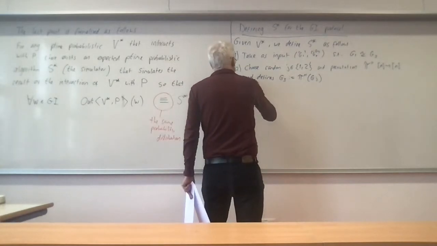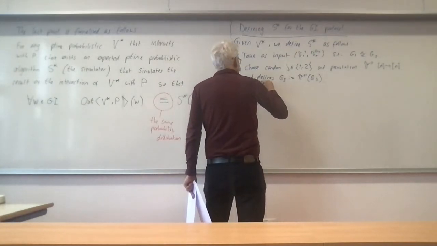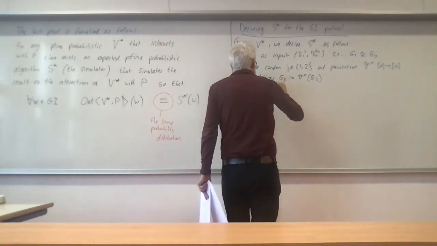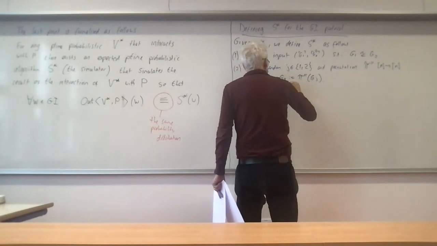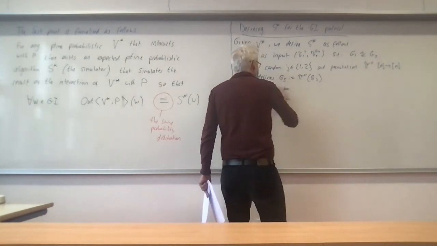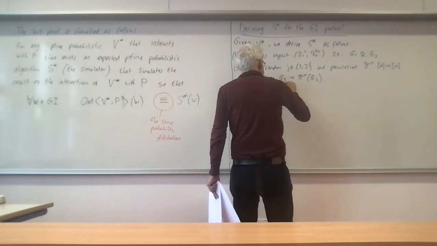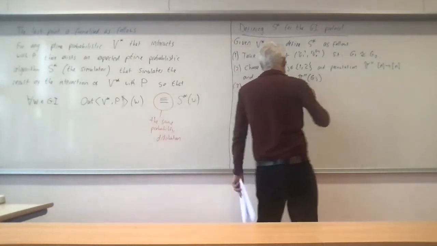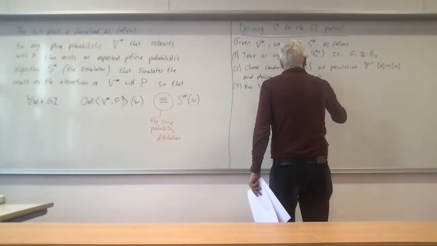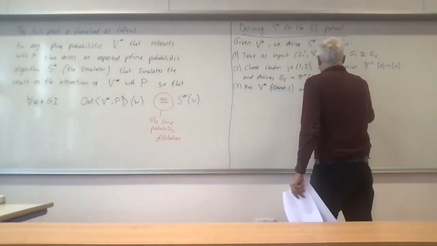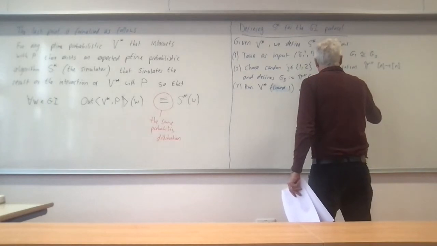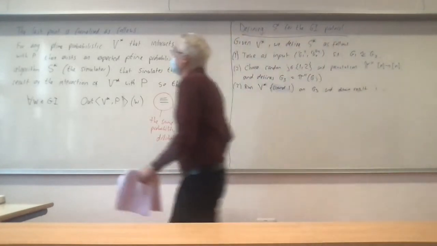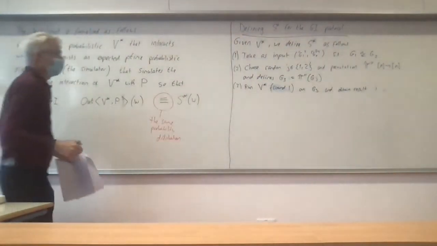So we run round 1 of this verifier V star, which follows the protocol, as rounds 1 and 2 on G3 and obtain the result I of running the first round verifier.